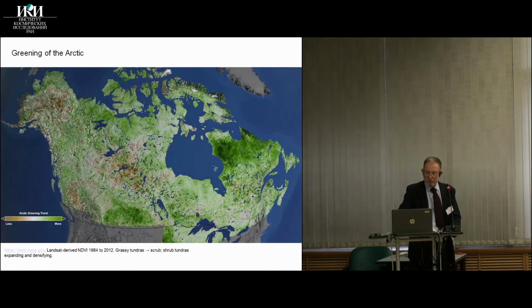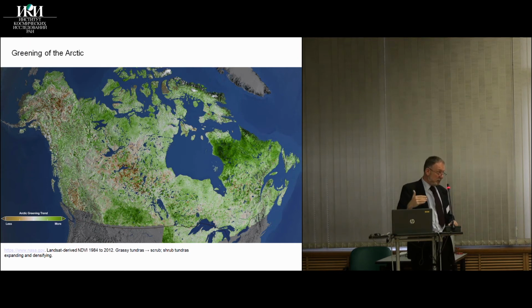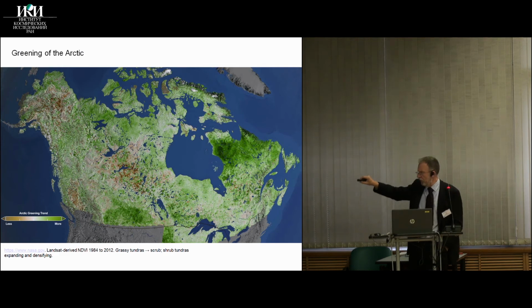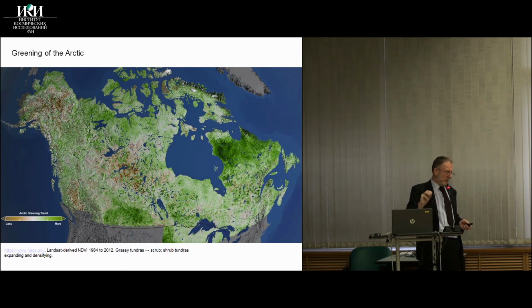Okay, so I will mention the Greening of the Arctic NASA project, which takes this idea, time series of, this is not phenology, this is just peak greenness, but this is a nearly 30-year time series illustrating where vegetation index has strengthened, so where the Arctic has become greener, which is in most parts.